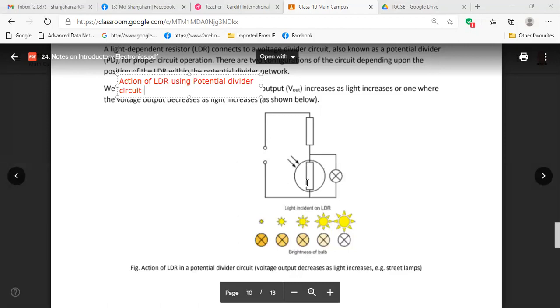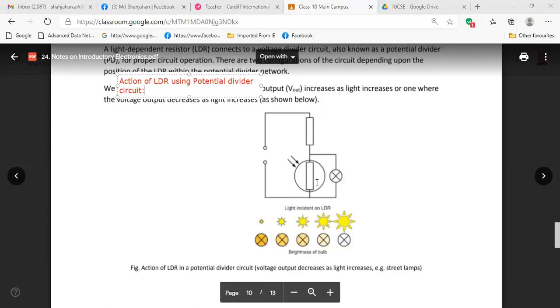So if light is less at night and your street lamp is connected across this LDR, then the voltage across this part of the circuit will increase.